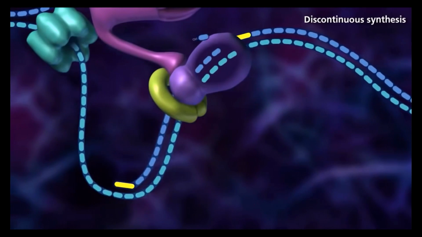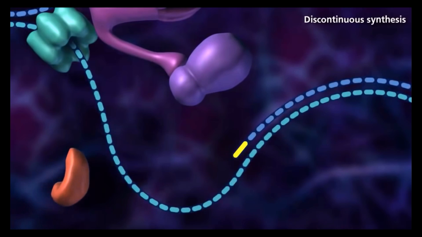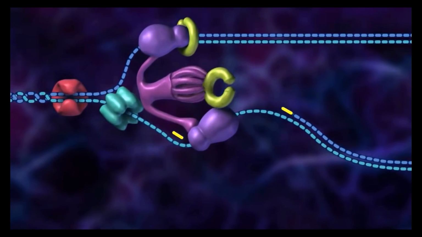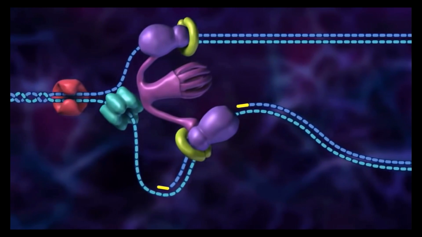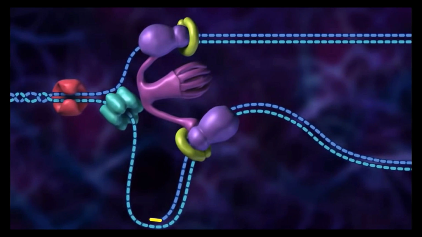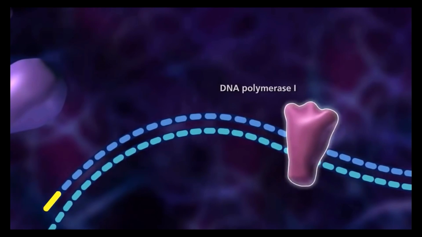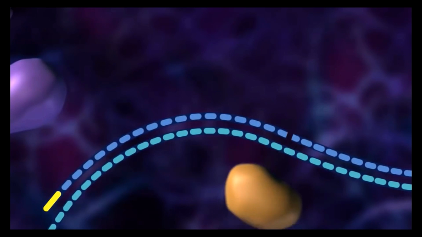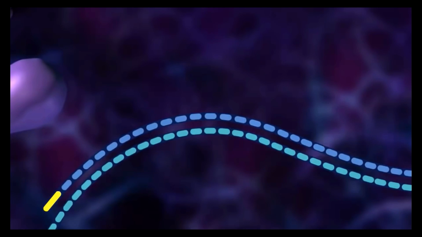As the helix is opened further, this process repeats until the entire strand is replicated. DNA polymerase 1 replaces the RNA primers with DNA nucleotides, and DNA ligase is used to ensure bonding between the fragments and the replaced nucleotides. Once both leading and lagging strands are completed, two identical copies of the DNA molecule result.